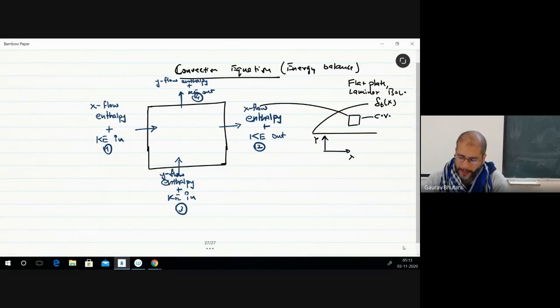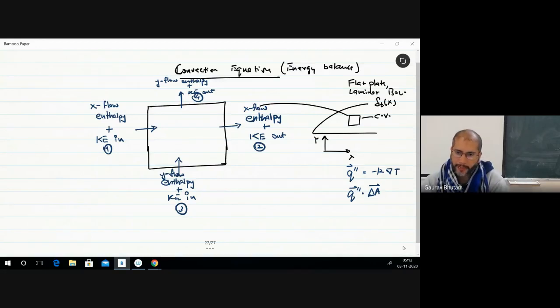So we said that our q double prime was minus k grad T. So heat flux is a vector. And then to find the amount of energy flowing through an area, we can take a dot product of this vector with the area through which we want to calculate this. So anyways, heat conduction is happening in this case.